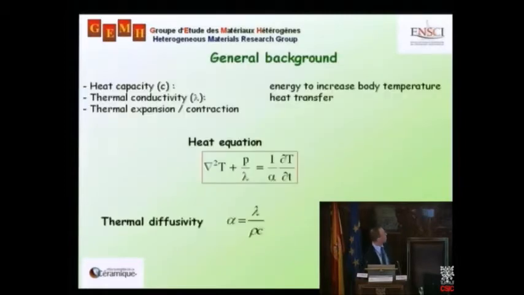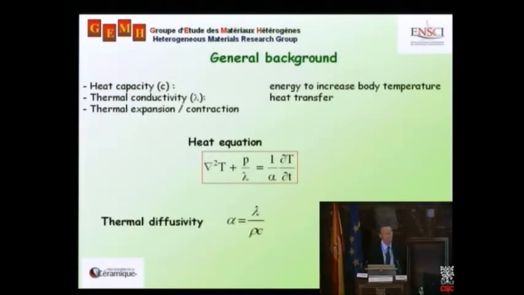Just to start, thermal properties are generally regarded as being the heat capacity, the thermal conductivity, and the thermal expansion or contraction. I'm not going to talk about the third one. I'm just going to restrain myself to heat capacity, which is basically the energy required to increase the body temperature, and then thermal conductivity, which is concerned with heat transfer through a system.